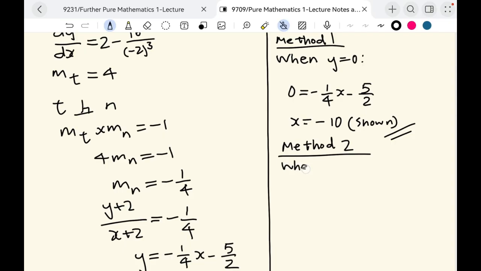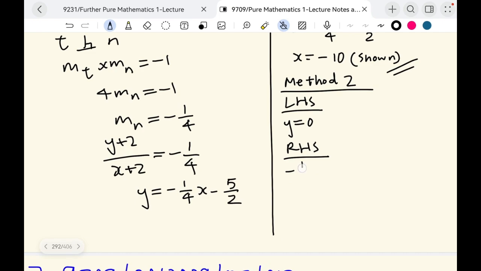So you can say left hand side is y equal to 0. Right hand side is what? It's negative 1 over 4 times negative 10 minus 5 over 2. Okay, 10 over 4 is 5 over 2, minus 5 over 2, which you will get 0, which is equal to left hand side, shown.